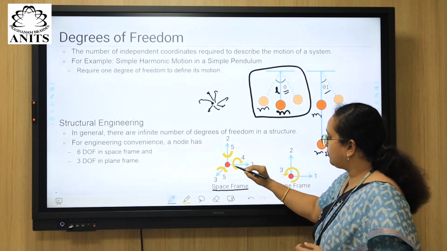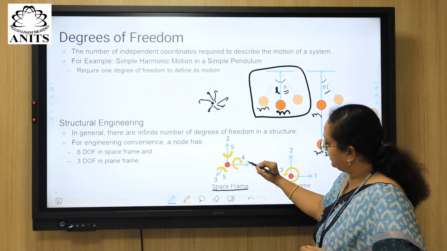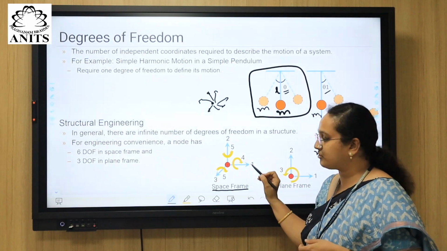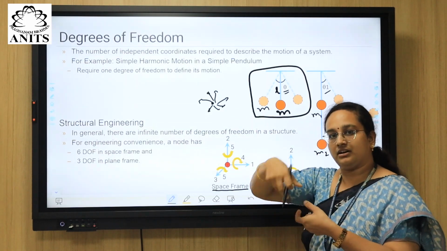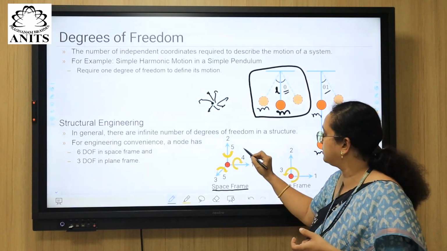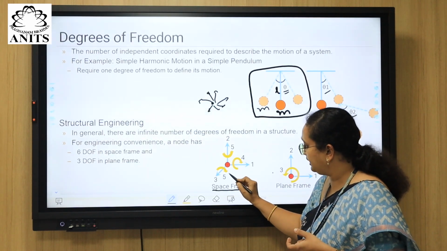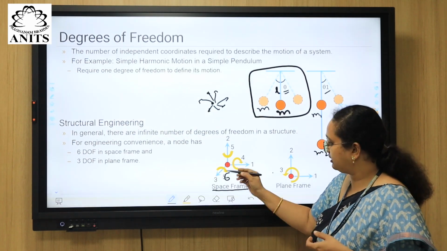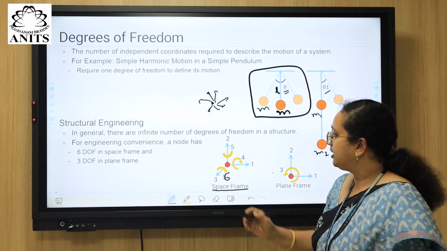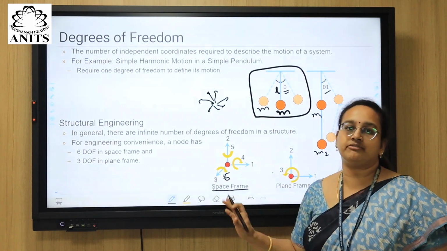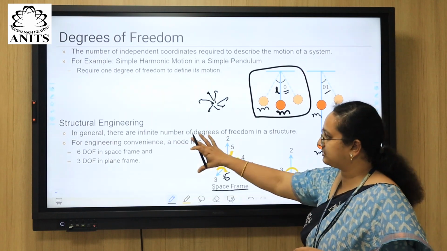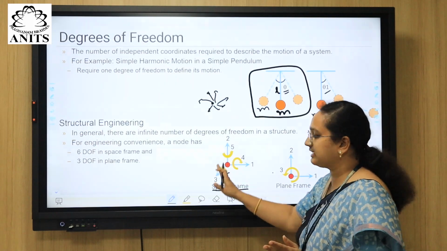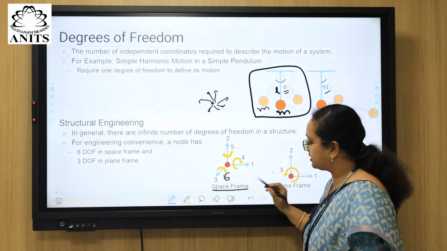So in one direction you have one translatory motion and a rotation about that axis, then in the second direction a translatory motion and a rotation about that axis, and then the third direction and the rotation about that axis, making 6. So this will be sufficient to define our motion. From the structural engineering point of view, you can define the position of a point in these 6 dimensions if you are talking about the space frame.